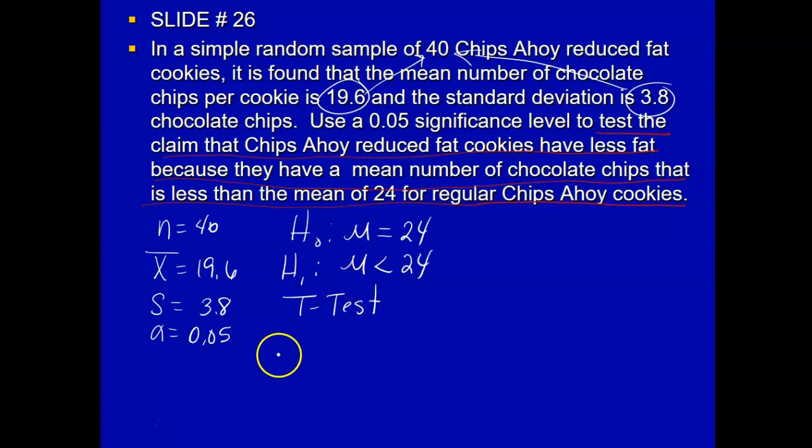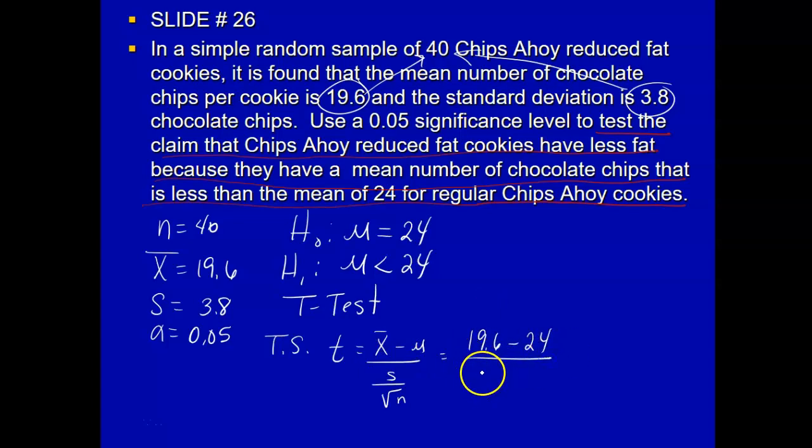If I was asked to show my work for my test statistic, I would do t equals x bar minus mu divided by s over the square root of n. So on this, my x bar was 19.6, my mu was 24, my s was 3.8, and my n was 40.